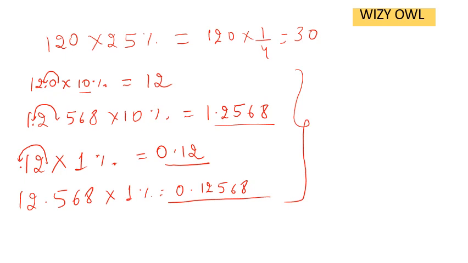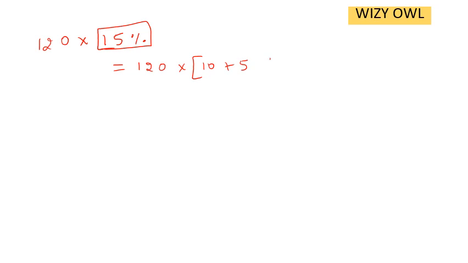Now let's see one example for a complex number. For example, if you have to find 15% of 120, you will split this 15% in the form of 10 plus 5%.